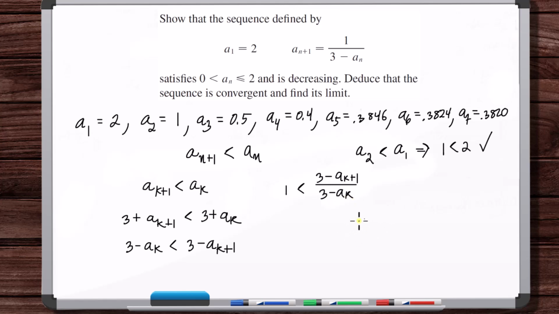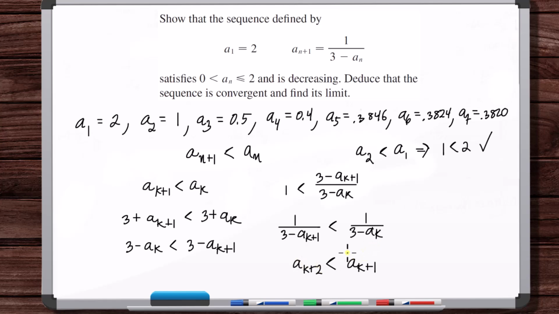Now we want to divide both sides by 3 minus a sub k plus 1. Okay, we've got 1 over 3 minus a sub k is a sub k plus 1. 1 over 3 minus a sub k plus 1 is a sub k plus 2.